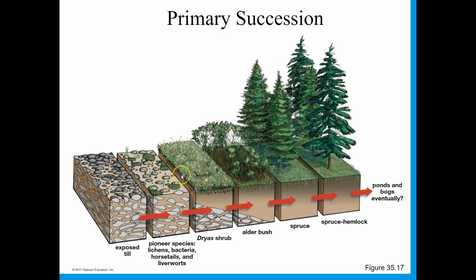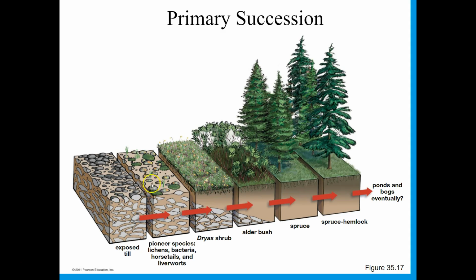And then those are replaced by slightly larger, slightly more dependent plants that maybe can use these pioneer species as a foothold so that they can get into that area. Those are then replaced by larger plants, which are then replaced by larger and larger plants. And then ultimately, maybe these things will turn into ponds or maybe a bog or a region that is just more teeming with life than the exposed till.